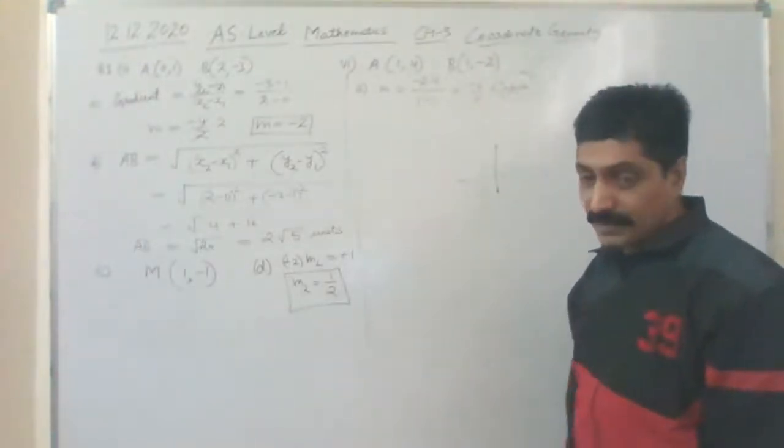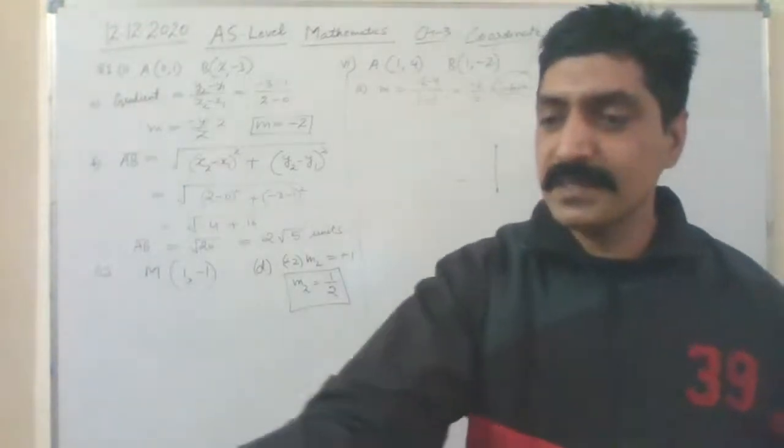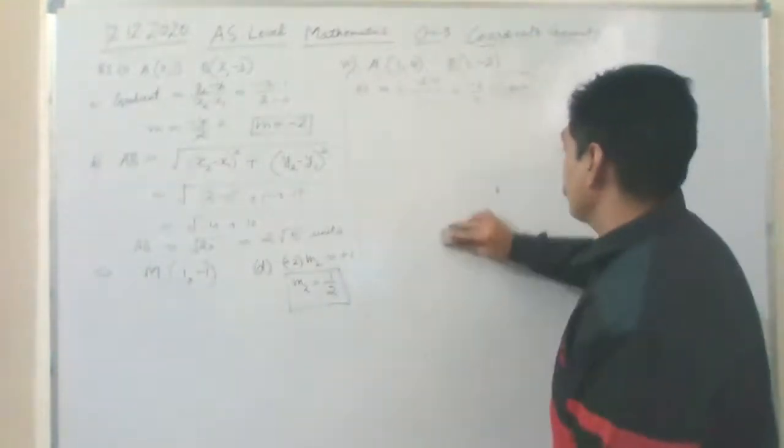So the slope of this line segment AB is infinite.